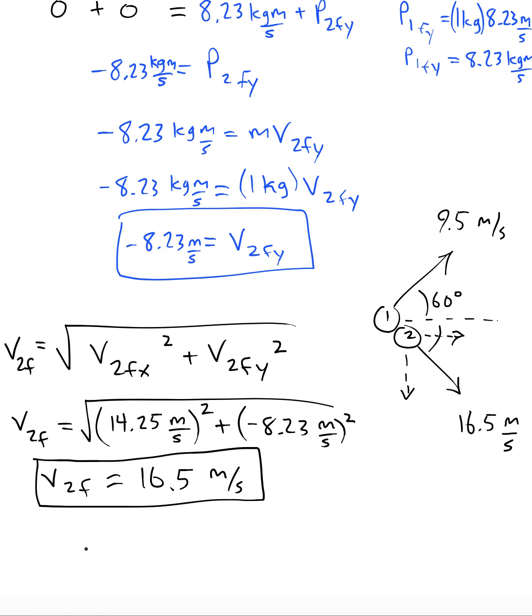To do that, we would just take the tan inverse of the y over the x, and it's 30 degrees. So now we know that this angle here would be 30 degrees, so a total of 90 between them.